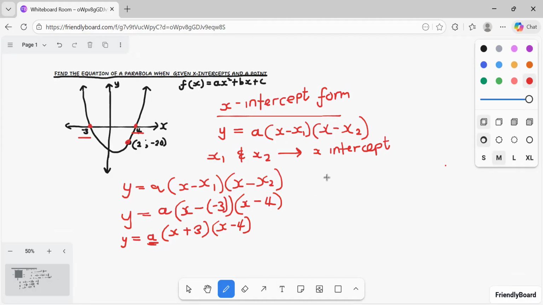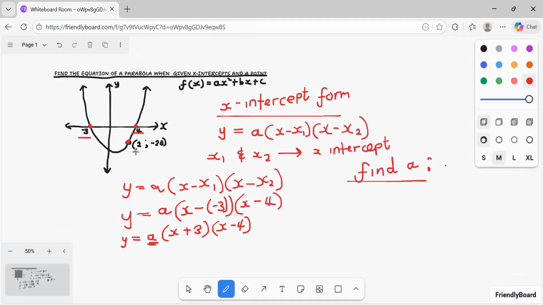We are just going to touch on how to find the equation of a parabola when you are given the x-intercepts and the point. So the next step is for us to find a. How do we find that a?